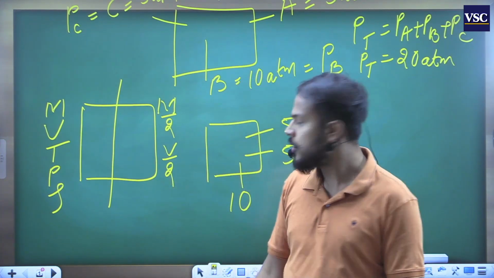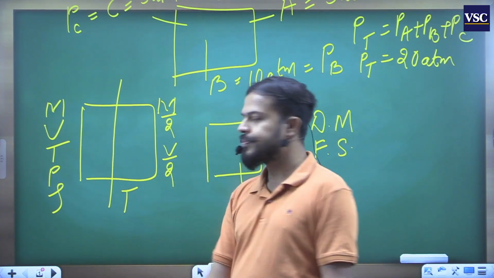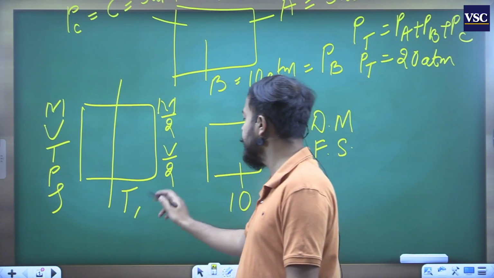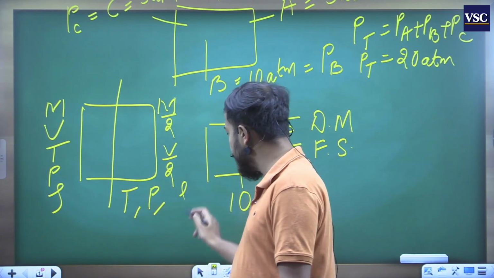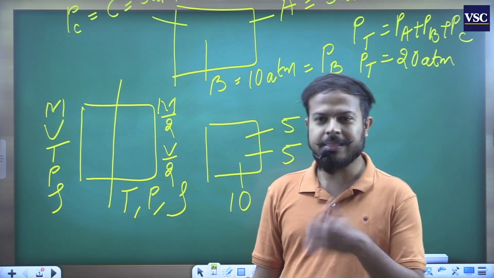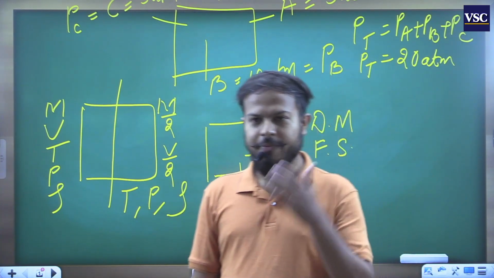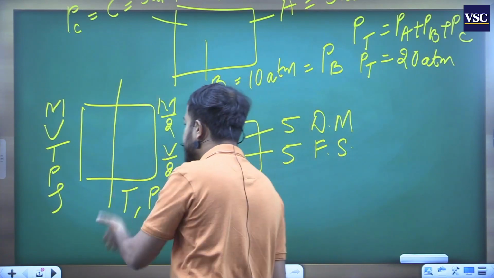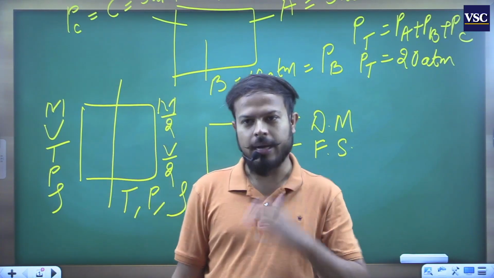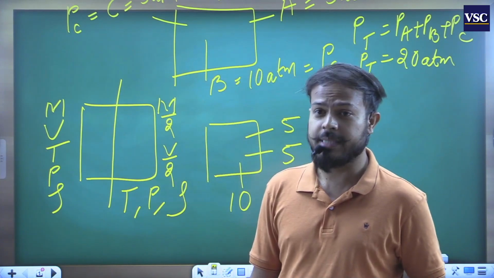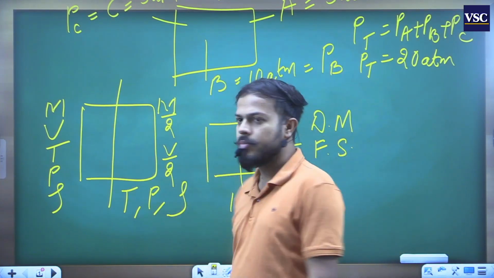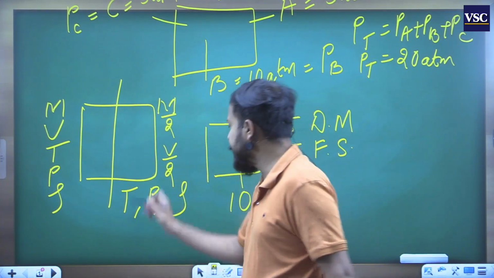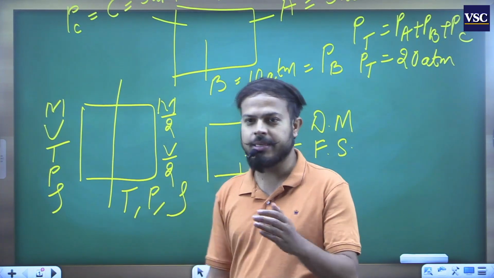What about temperature? No, it won't get halved, it would be T. What about pressure? It would still be P. And what about density? It would be rho only. So you have seen here that while cutting the container, something got halved while something remained the same. Mass and volume got halved, while temperature, pressure and density remain the same.